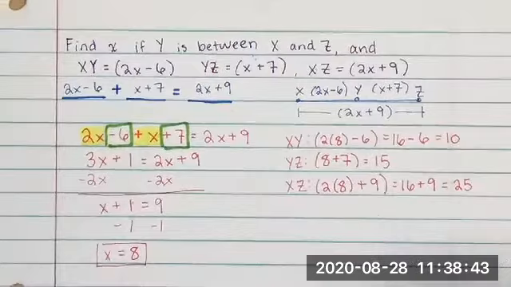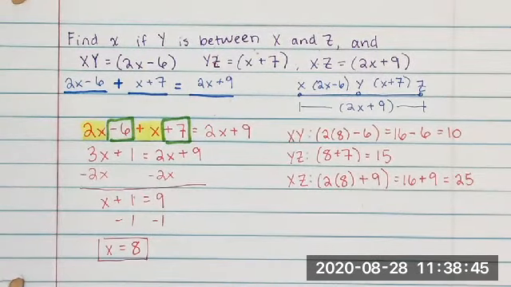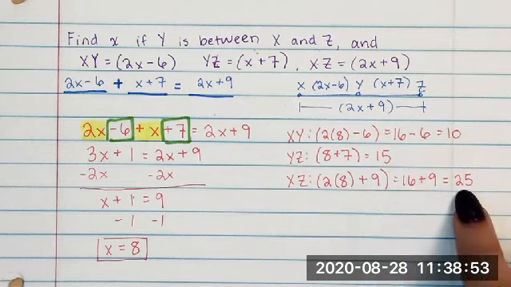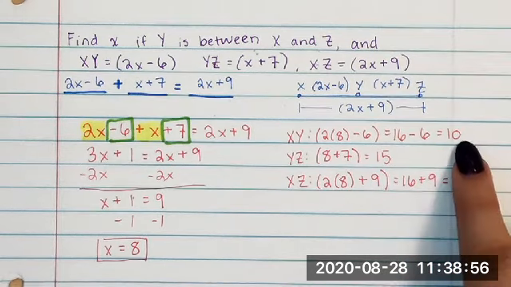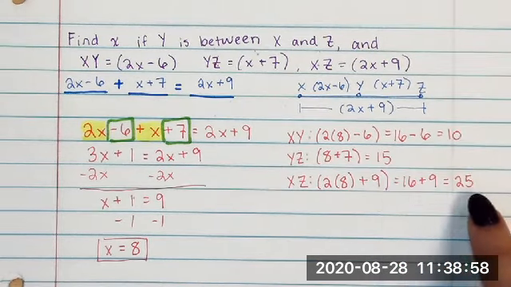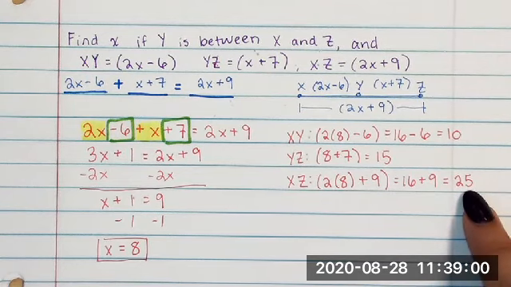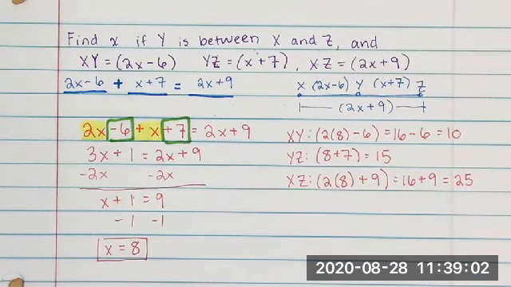Oops, sorry. And I like to do this step especially to check my work. Do the two parts actually add up to make the whole? 10 plus 15 does indeed make 25. So that helps me know that I did the problem right.